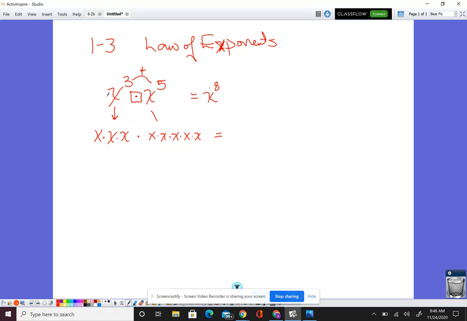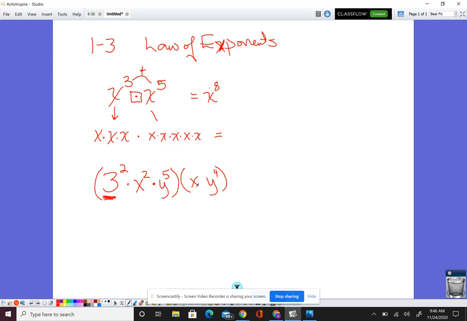But it's only when you have like bases. So if I had something like this, 3 squared times x squared times y to the 5th, that times x times y to the 4th, we'd look and see, okay, this is our base and it's squared.